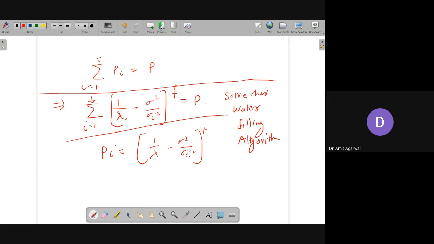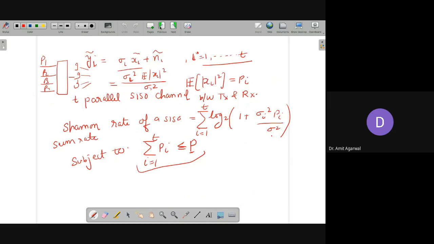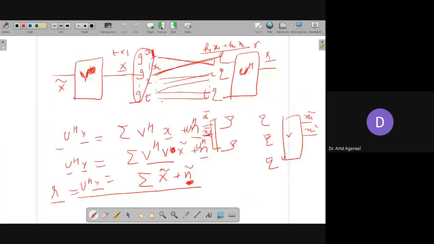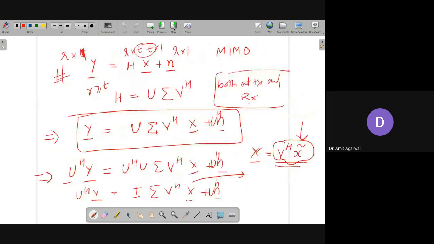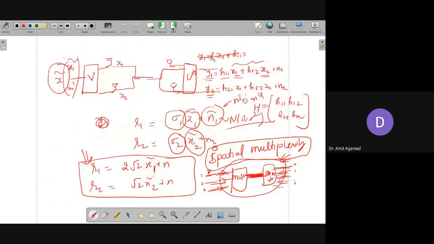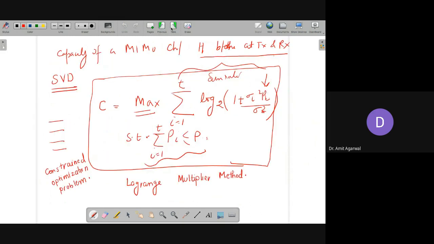So can you summarize what we have done till now? We are trying to find out the capacity of a MIMO channel where the channel is known both at the transmitter and at the receiver. We said if the channel is known at both ends, we will post-process and pre-process using the concept of SVD, and it will convert your MIMO channel into T SISO parallel channels.